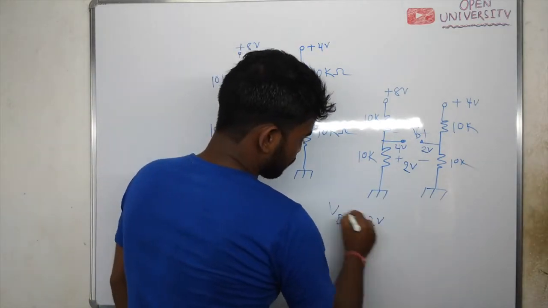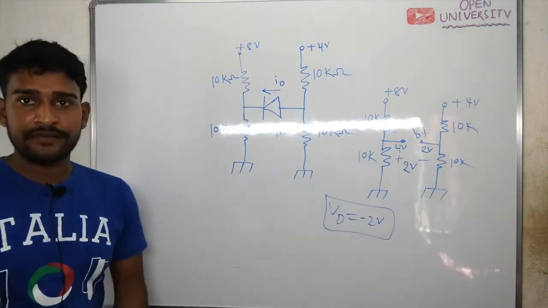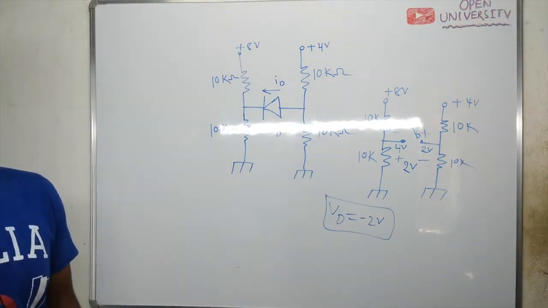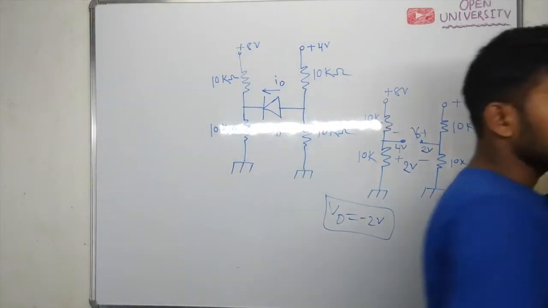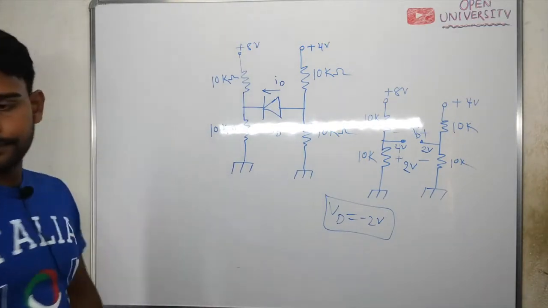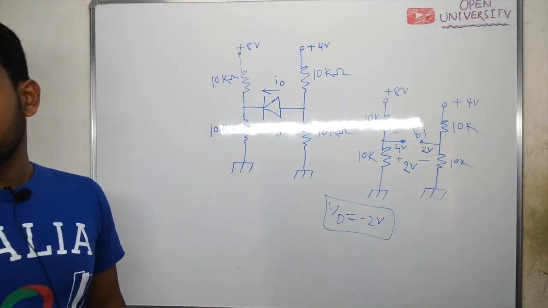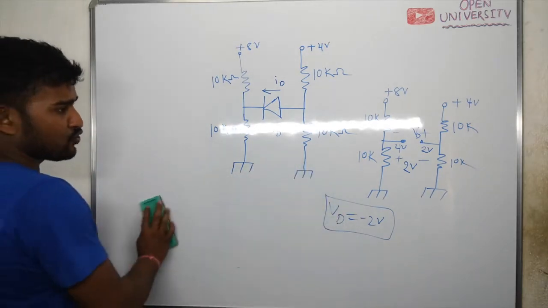And this is the answer to the question. So it was asked to find out VD. The value of VD is minus 2 volt.